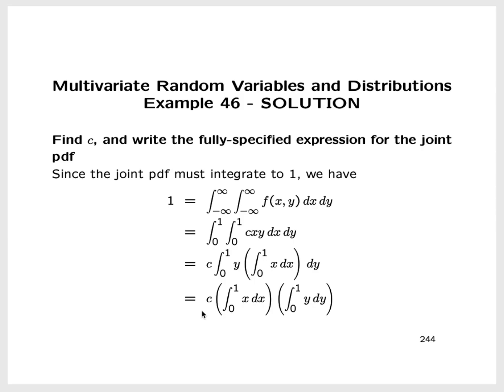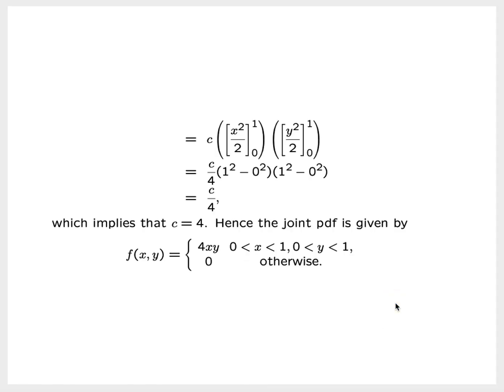So this is equal to c times the integral from 0 to 1 of x dx times the integral from 0 to 1 of y dy. Then we can solve each of those integrals using the fundamental theorem of calculus, and we get a value equal to c over 4. And so c over 4 is equal to 1, which implies that c is 4.